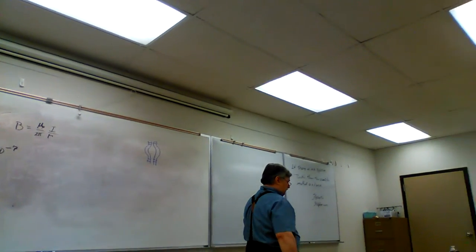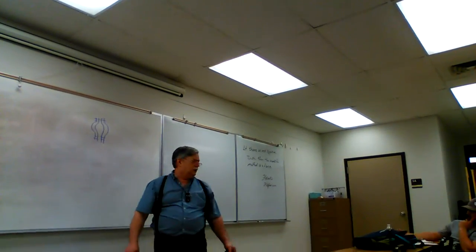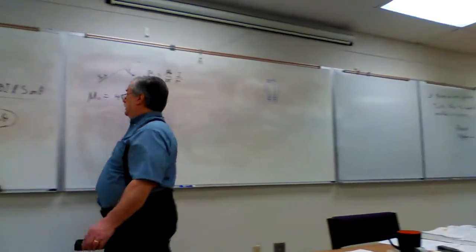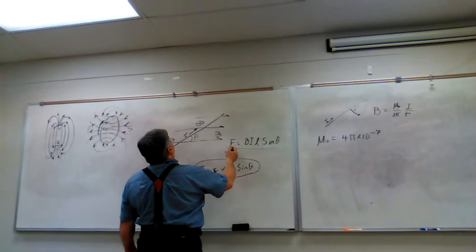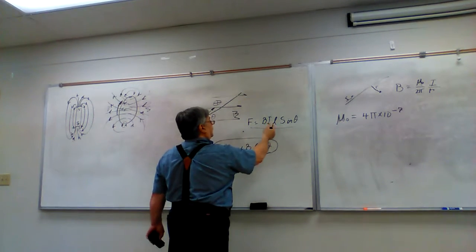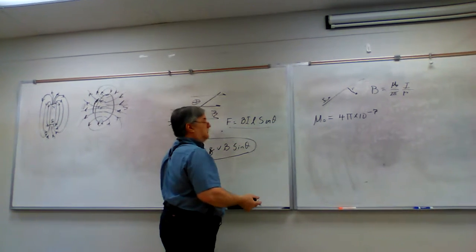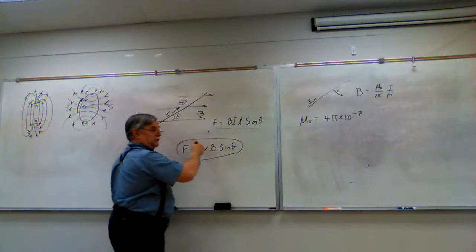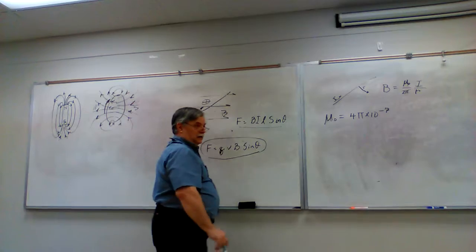What did we just go over? The force? The current flowing. Oh, that's the force right here. The force on a current carrying wire is the magnetic field times the current times the length times the sine of the angle between the magnetic field and the wire.